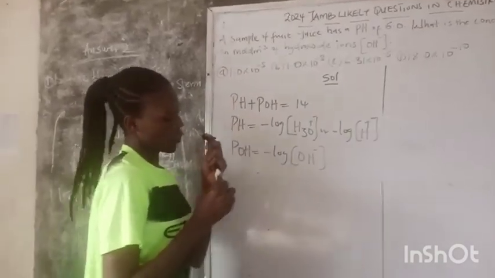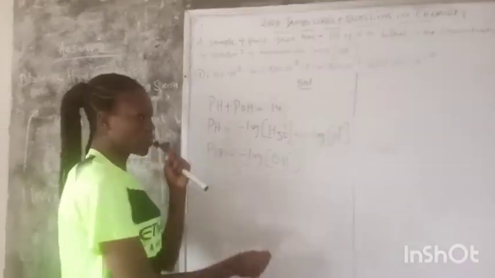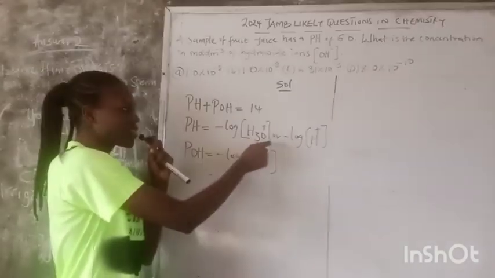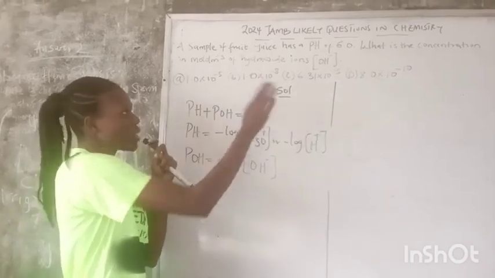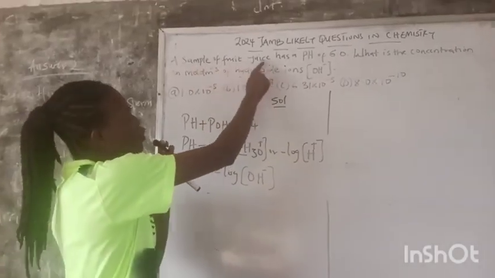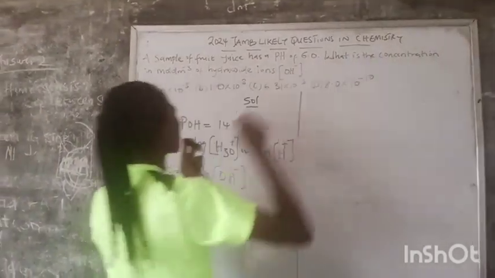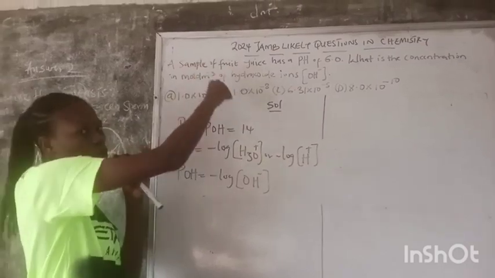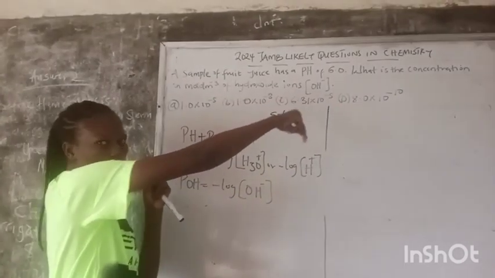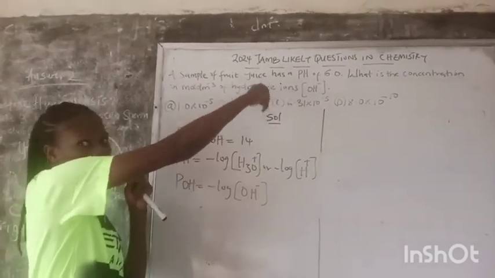Whenever you see this kind of question, the bracket you're seeing here is the concentration. Now the question says a sample of fruit juice has a pH of 6.0. What is the concentration in mole per dm cube of hydroxide ion?